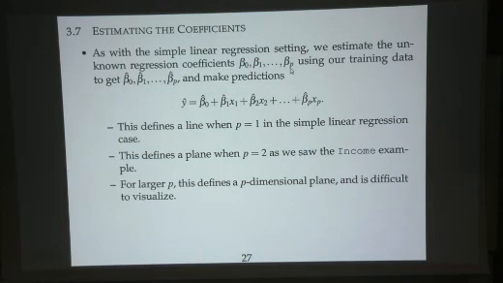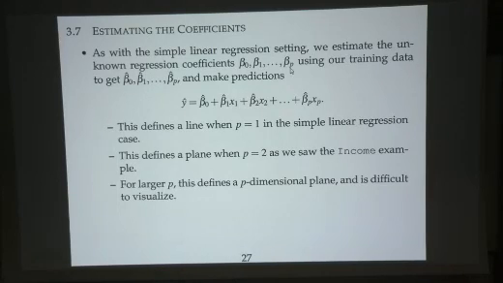So how do you estimate the coefficients? You can do it using OLS, which we'll see soon. Suppose you have estimated the coefficients beta naught hat to beta p hat, and this is sufficient because we have discussed that in a linear model, estimating the coefficients is sufficient to identify the model.